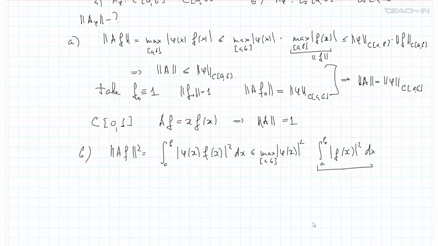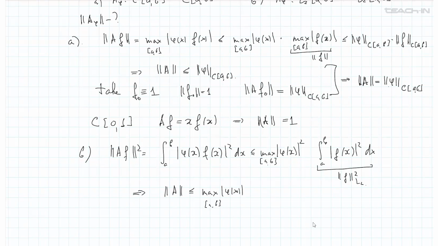This is just the norm of f squared in L2. So we again conclude that the norm of the operator is less than or equal to the maximum of phi of x.